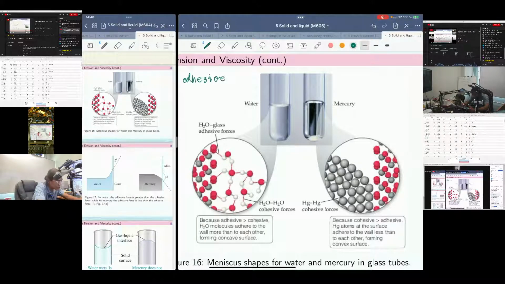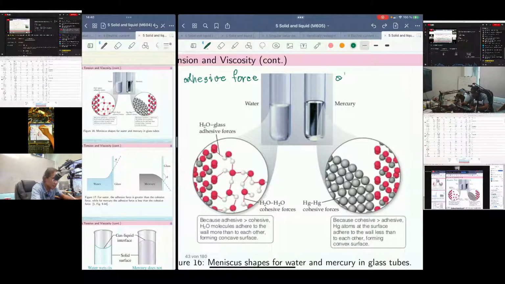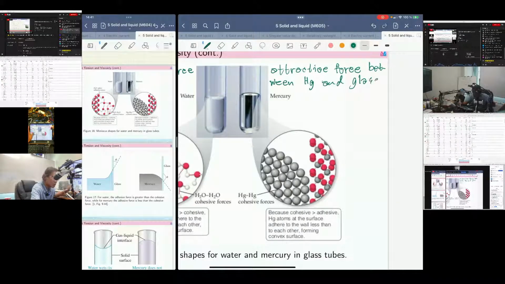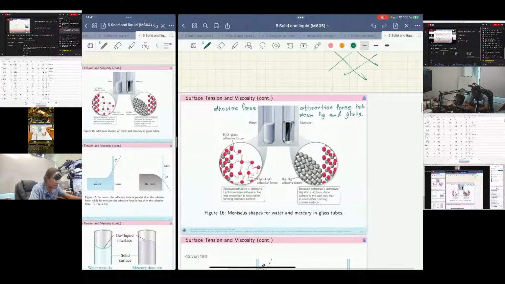adhesive force. Adhesive force is the attractive force between mercury and glass, the attractive force between mercury and the glass.